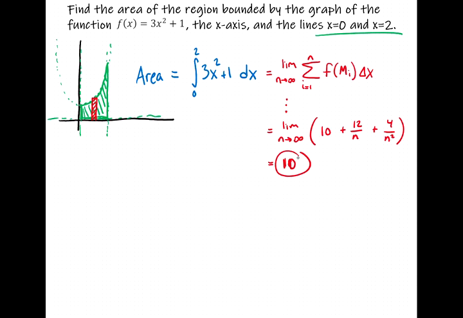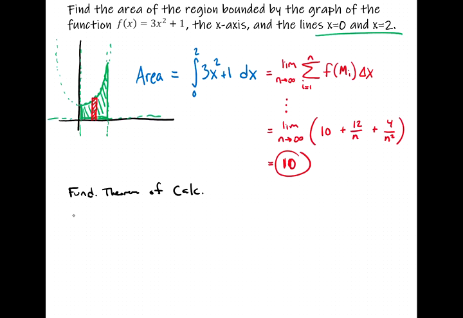Okay, well, in this video, I'm going to use another method, a much more succinct, much more streamlined method. I'm going to use the fundamental theorem of calculus.